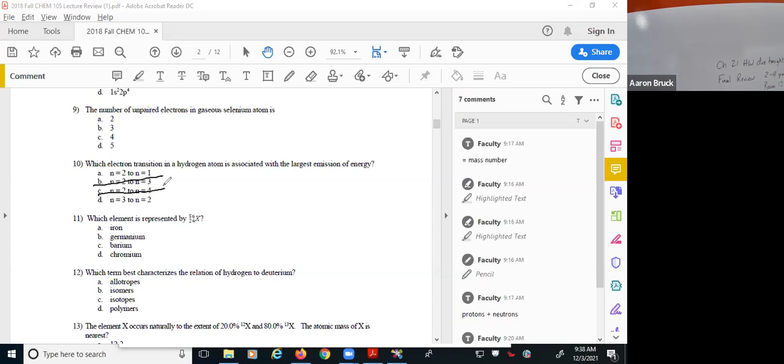The gap between the second and the third is the next biggest. The gap between the third and the fourth is the next biggest. So as we go further from the nucleus, the energy gaps get smaller, which means that that first gap is going to be the biggest gap and will give us the largest amount of energy as a result.